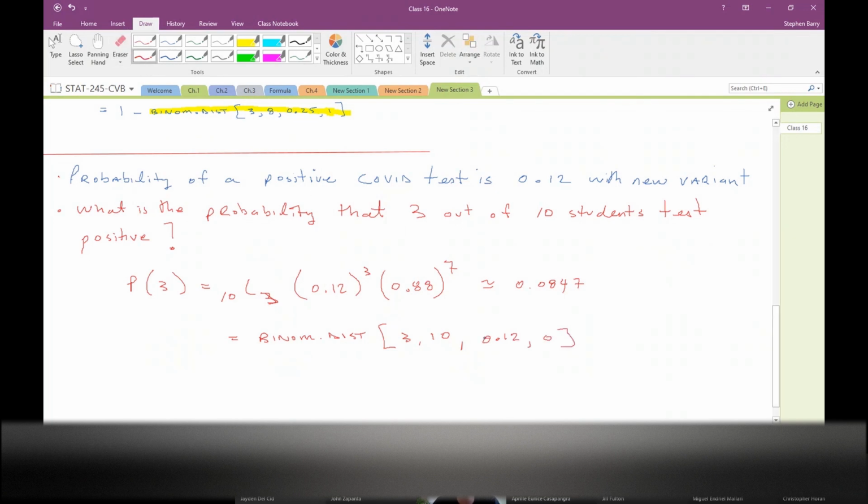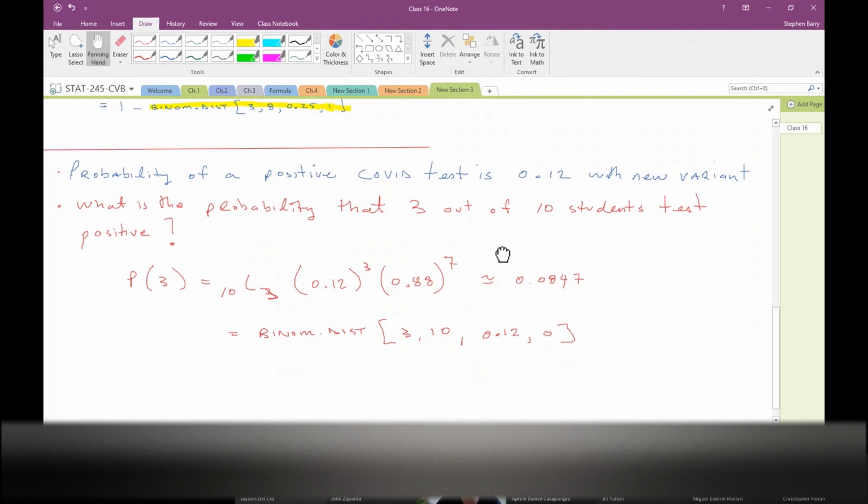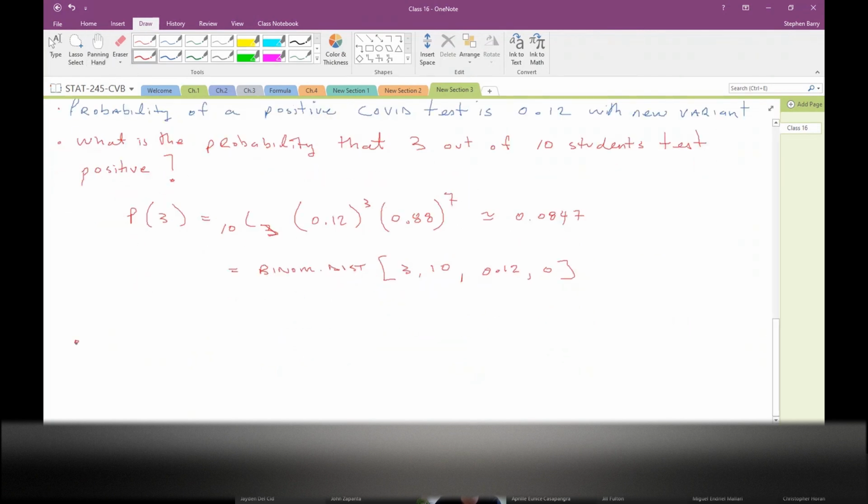But again, a more realistic situation would be, what is the probability that at least one person, right?